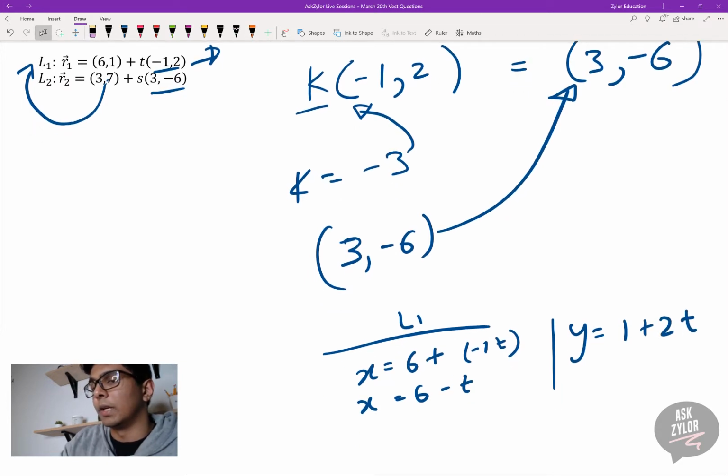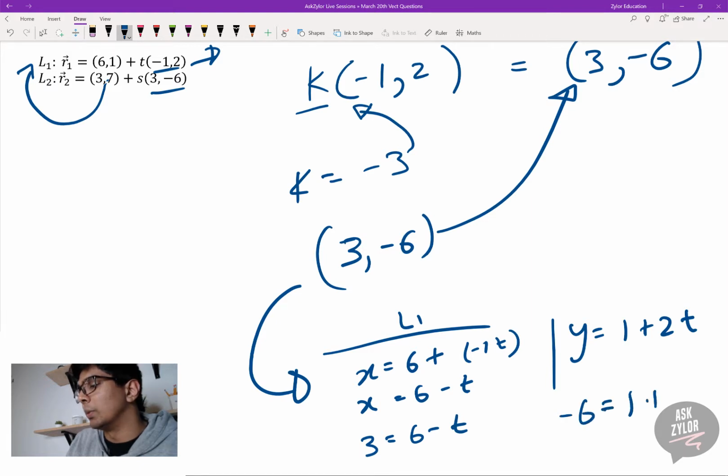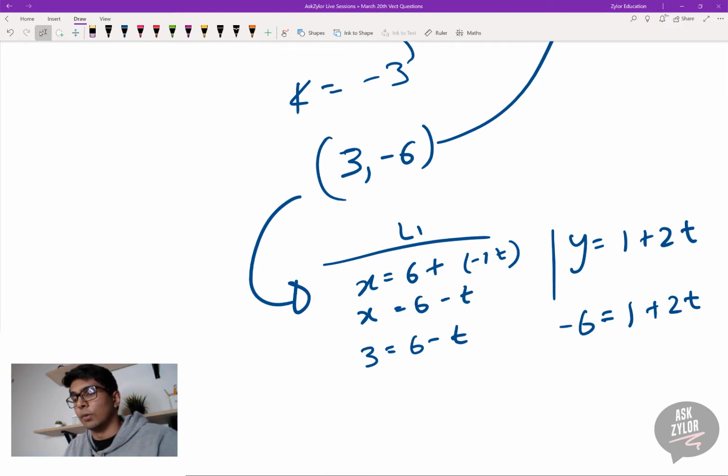And then I'm going to plug in 3 and 7 into my x and y. So 3 is equal to 6 minus t, and -6 is equal to 1 plus 2t. And I need to check if the parameters are the same for my x and y. If they're the same, that means that point is on that line.